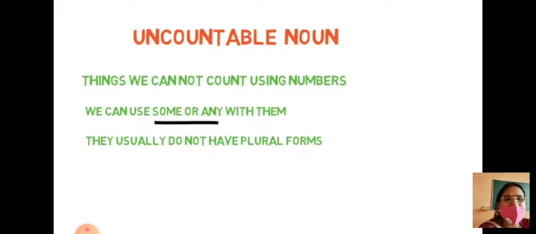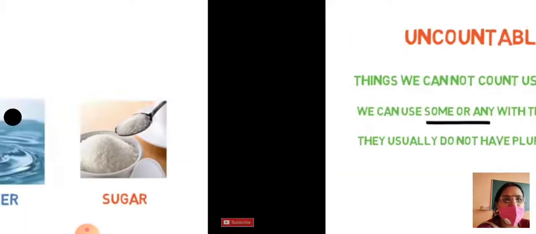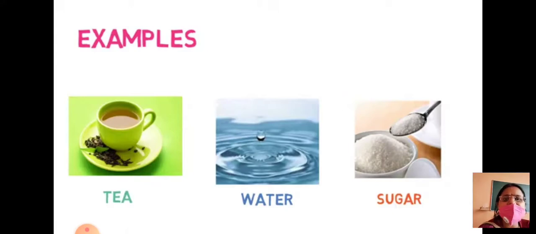Actually, you cannot use S, ES, IES after them to make them plural. Let's see, tea. Have you ever seen teas, waters, sugars? We will never add S, ES, IES with these kinds of things because they are itself singular and plural also. You cannot count water, you cannot count sugar. So these are some examples of uncountable nouns.